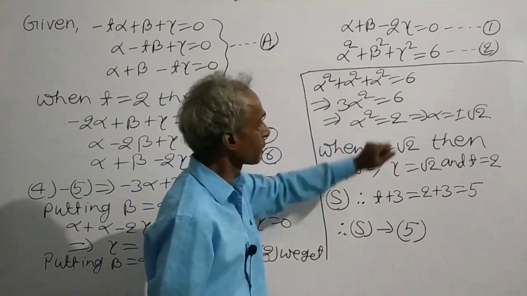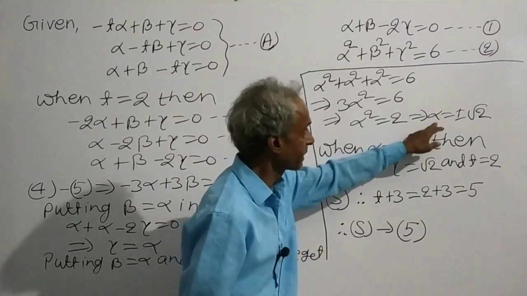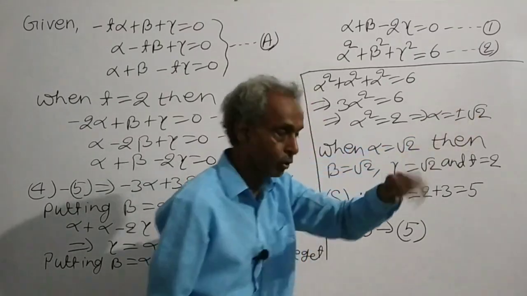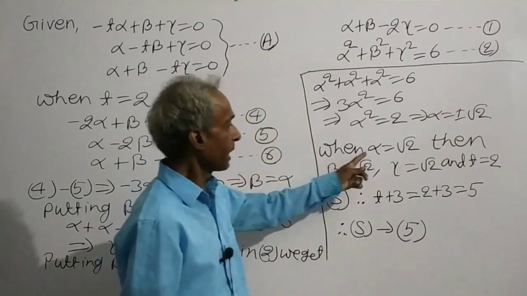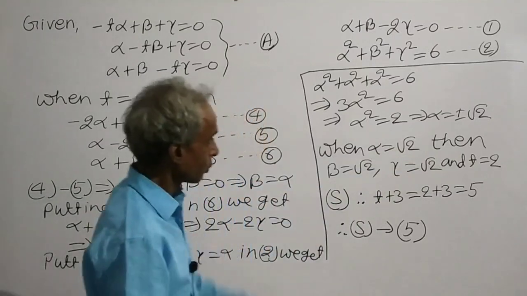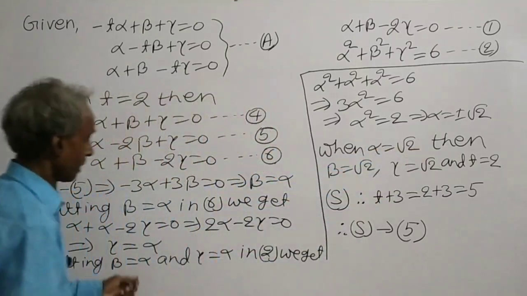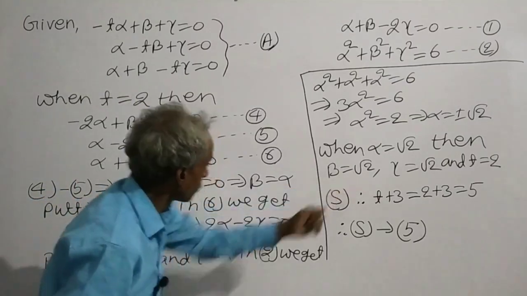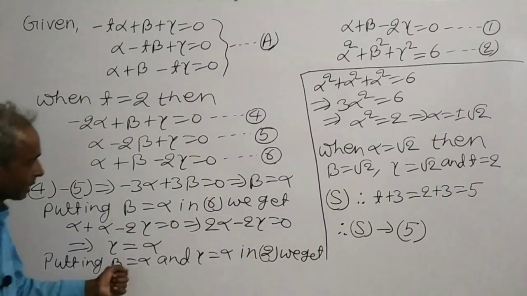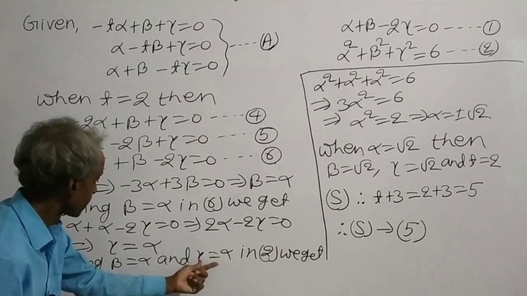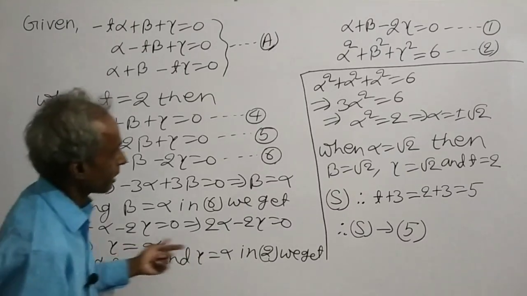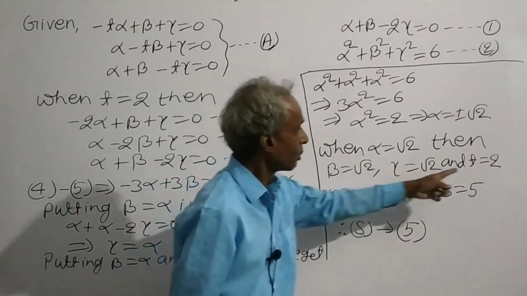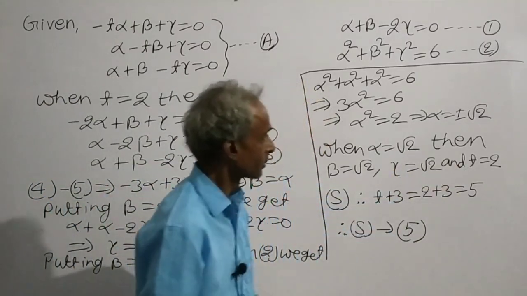Then we get alpha square is equal to 2, that means alpha is equal to plus minus root 2. When alpha is equal to root 2, then from this beta is equal to root 2 and from this gamma is equal to root 2.